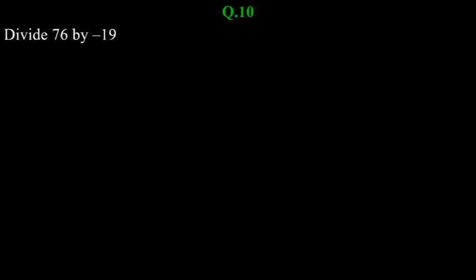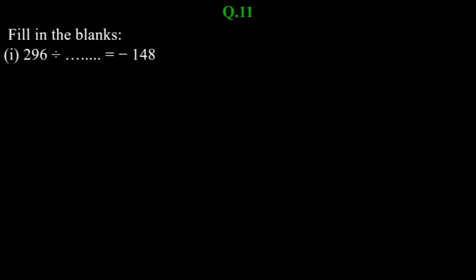Next, divide 76 by minus 19. Quickly tell me the answer now, very quickly. Very easy questions. Okay. Ashrit, Arush, Devansh. Good. Next, fill in the blank. Devansh, Tina, Samarth, Ashrit, Siddhi, Arush. Correct.